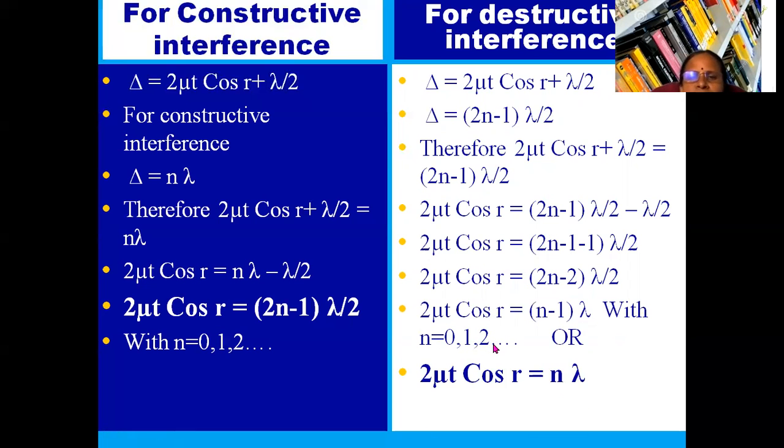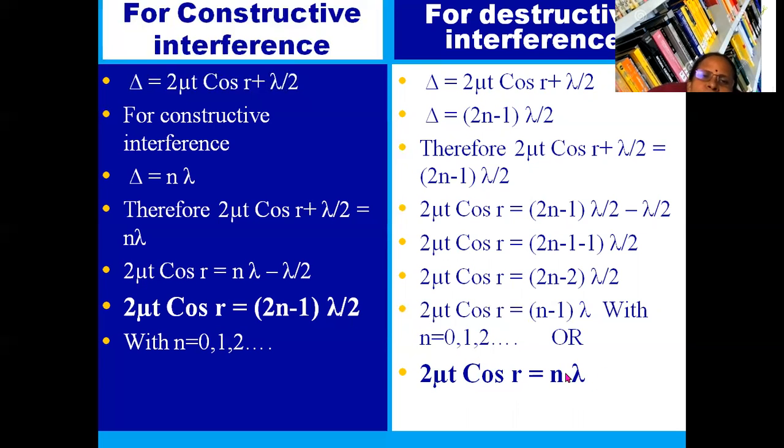Or we can say this is equal to 2 mu T cos R equal to n lambda, where you have to consider n equal to 1, 2, 3 and so on. And if we consider n equal to 0, then we can place this as 2 mu T cos R equal to n lambda.